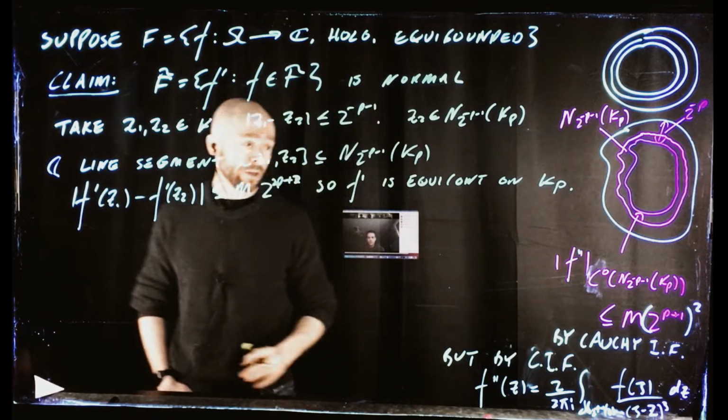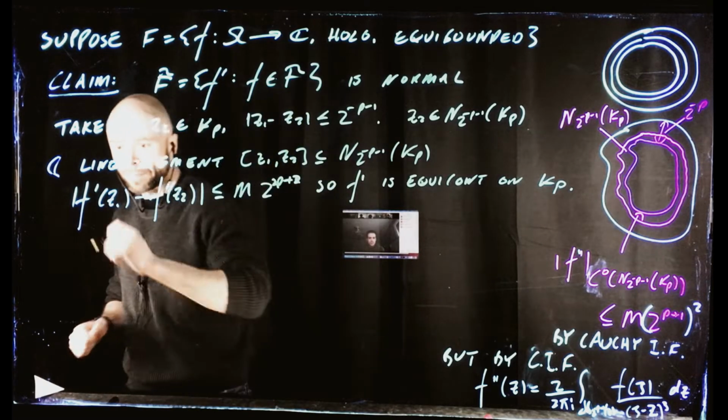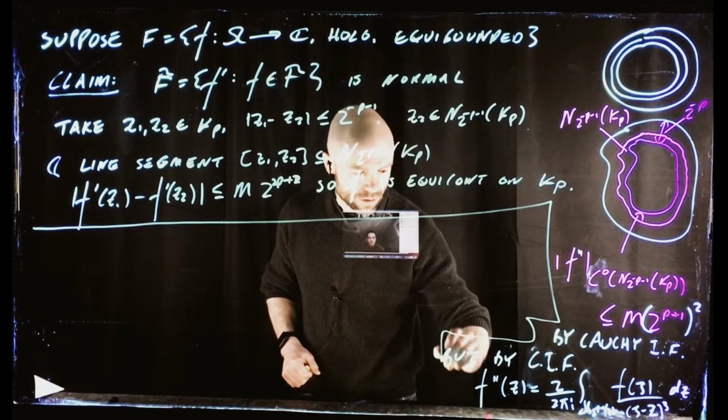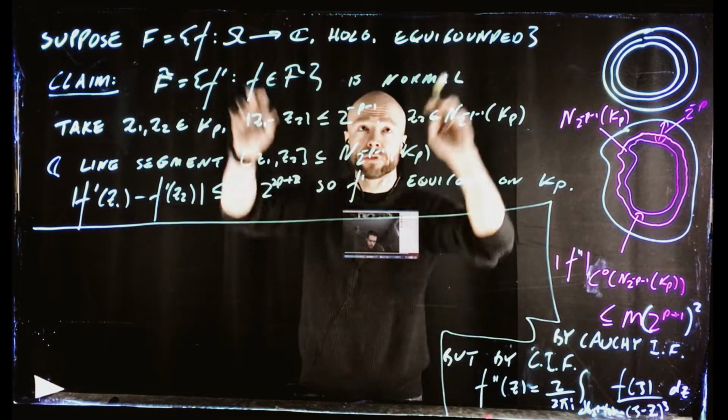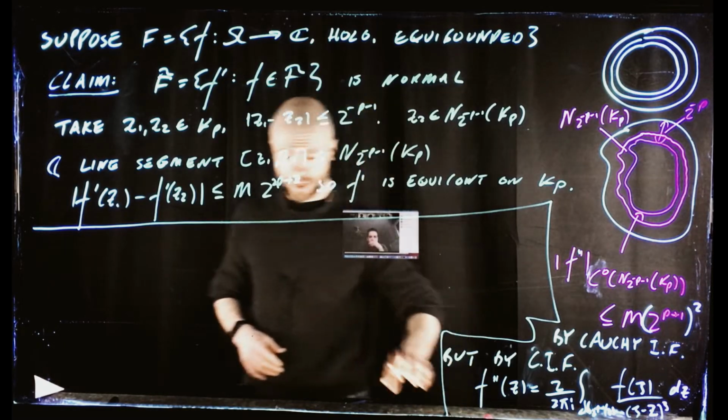Cool. All right, so we have something even a little bit stronger for normal families, for families that are equibounded and holomorphic.